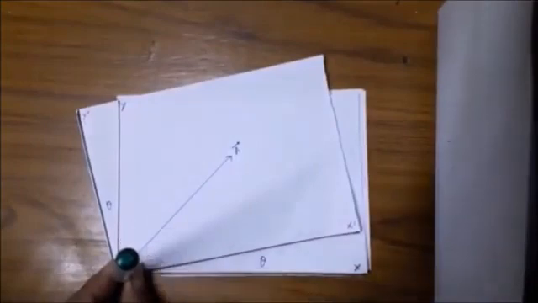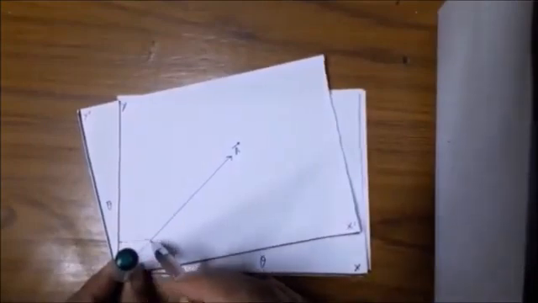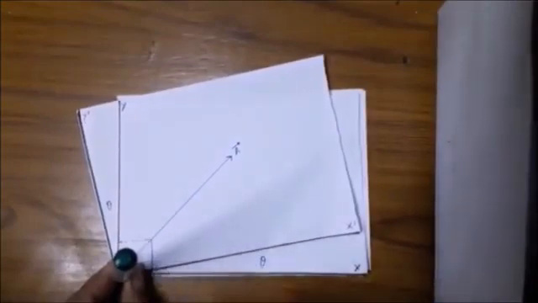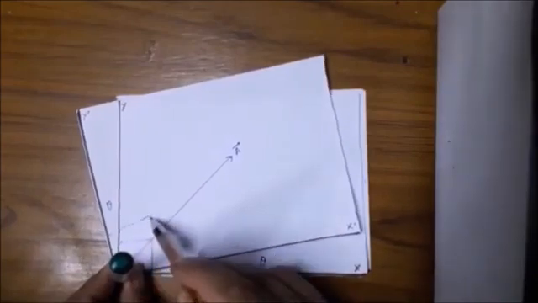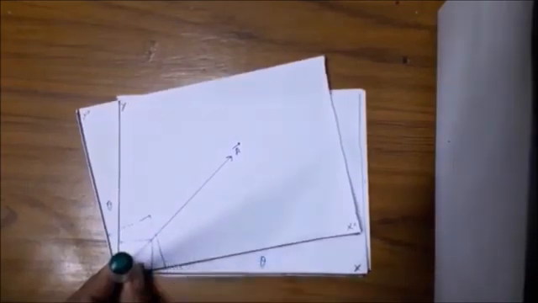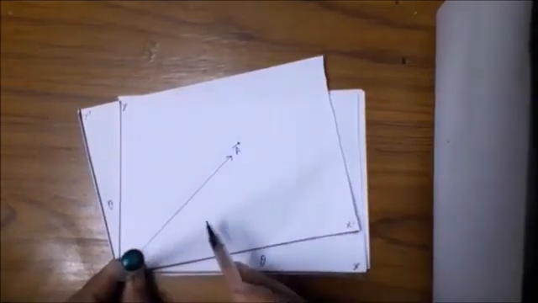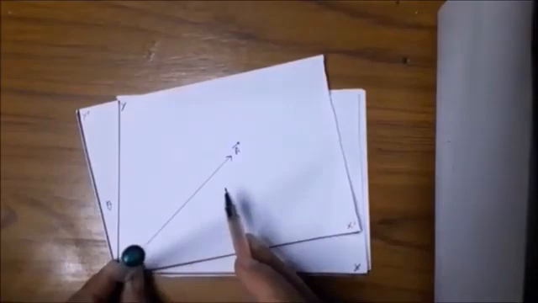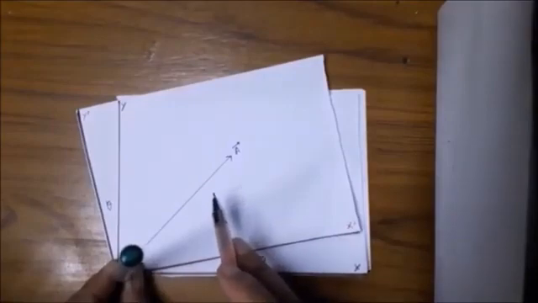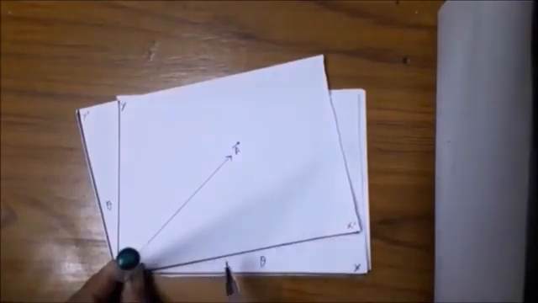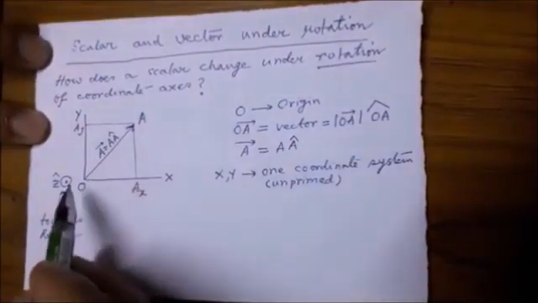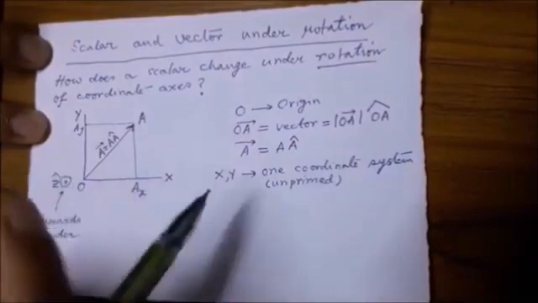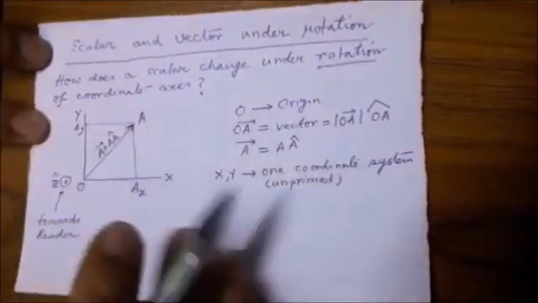Now obviously x and y make an angle of 90 degrees, and x prime and y prime make a 90-degree angle. The vector A is at the same position as before because we did not rotate the vector but rotated the axis. So due to rotation, the z-axis remains the same. The rotation is about the z-axis.